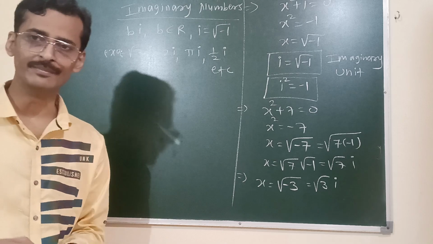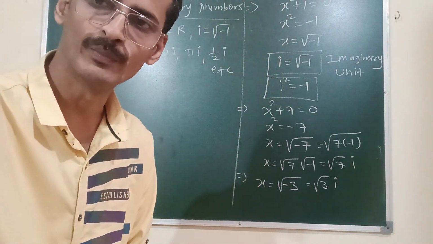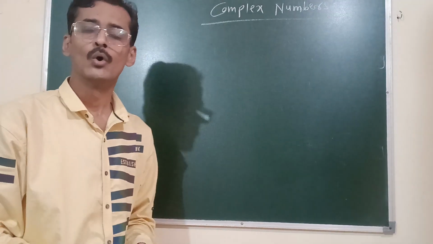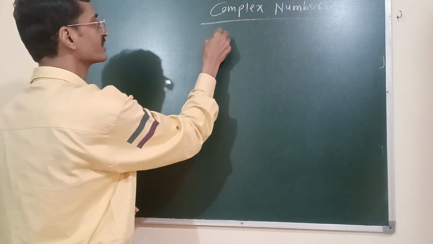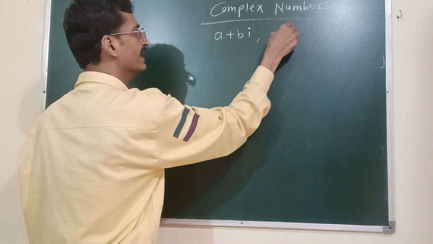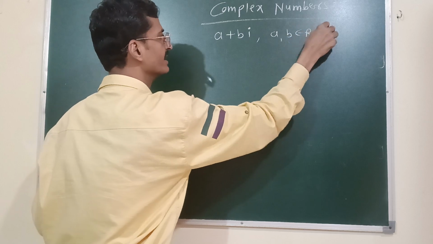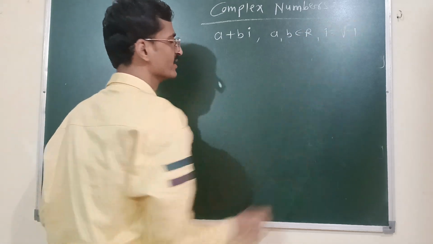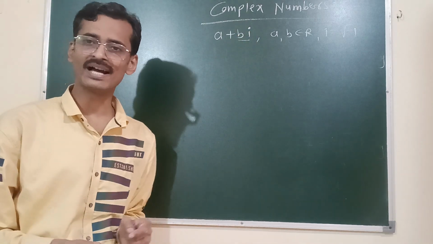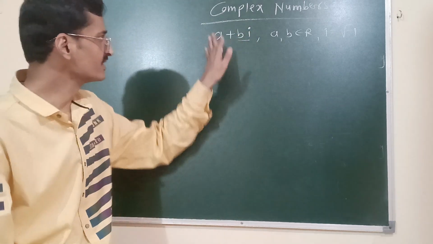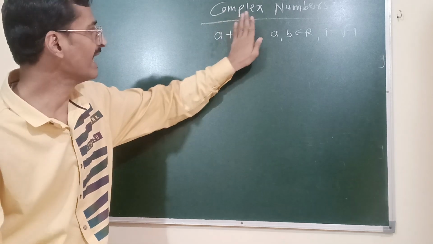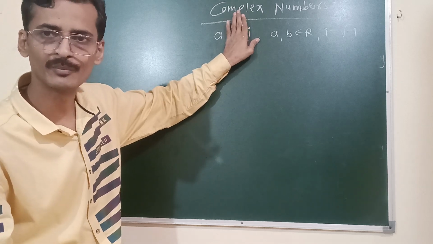Now what is a complex number? Let us see the definition. Complex numbers are numbers which are in the form of a plus bi, where a and b are real numbers and i is root of minus 1. If only b into i is given, that is called an imaginary number, and only a is a pure real number.